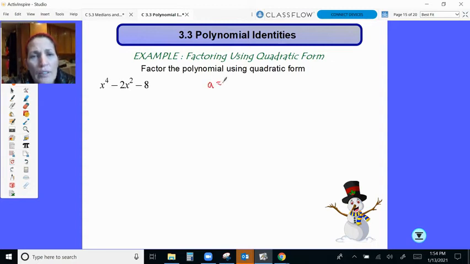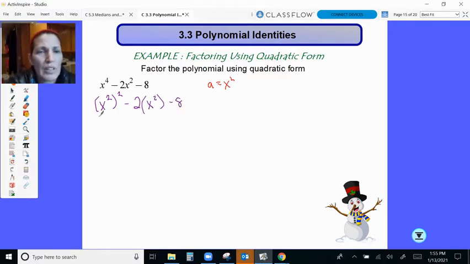Well, what we're going to do here is take a, and let it equal x squared. Then we're going to rewrite this as x squared squared, that's the same thing as x to the 4th, minus 2x squared, minus 8. And then I'm going to take each x squared and substitute in for a.